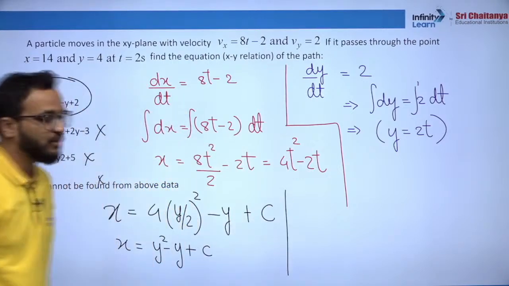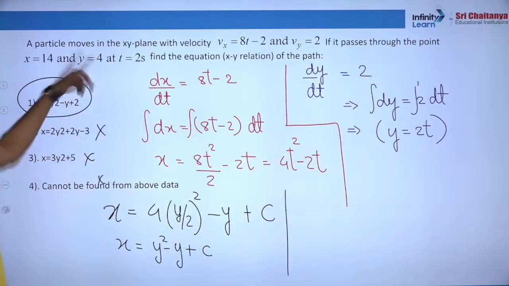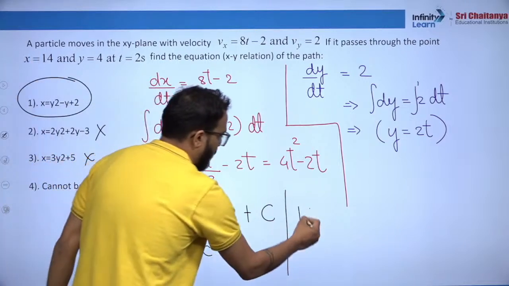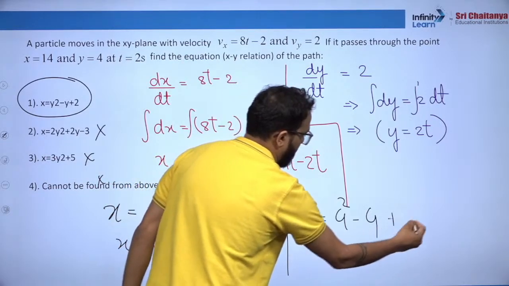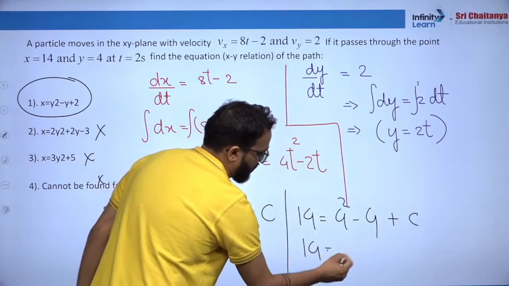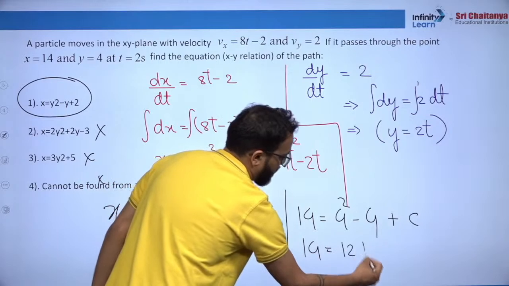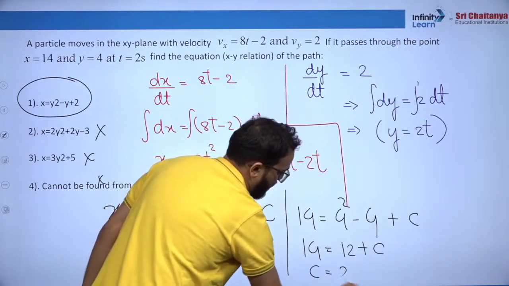They have clearly mentioned that when y is 4, x is 14. So you can write 14 is equal to 4 square minus 4 plus c. So 14 is equal to 16 minus 4, which is 12, plus c. So c is equal to 2.